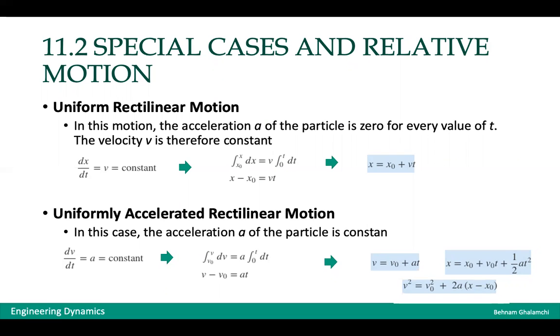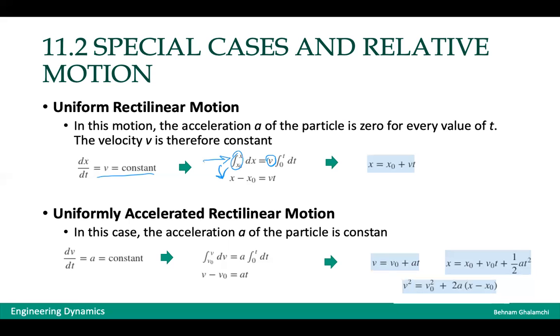One of those special cases is uniform rectilinear motion. What does it mean? That simply says that when the particle is moving with a constant speed, dx over dt is a constant value, v. So we can take the integral of that. Velocity is a constant number, so we just keep it outside of the integral. We take the integral: dx becomes x, dt becomes t.